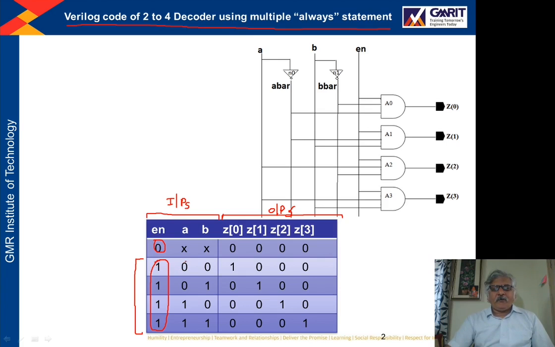If enable is 1 and inputs A and B are 0, 0, then output Z0 will have 1 and the remaining outputs will be 0. If input A is 0 and input B is 1, then output Z1 will have 1 and the remaining 3 outputs are 0.